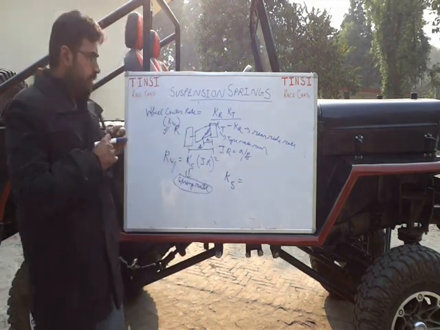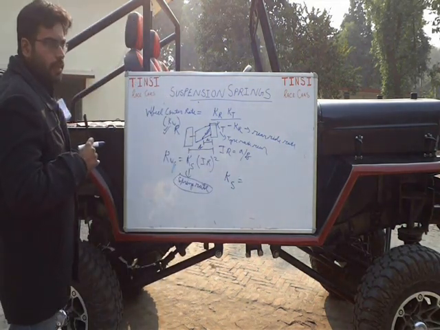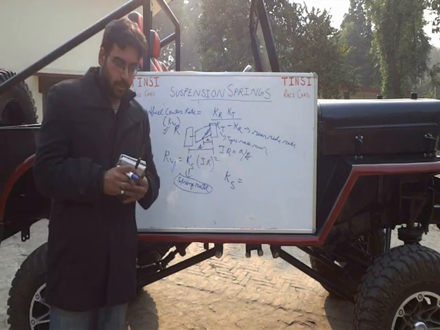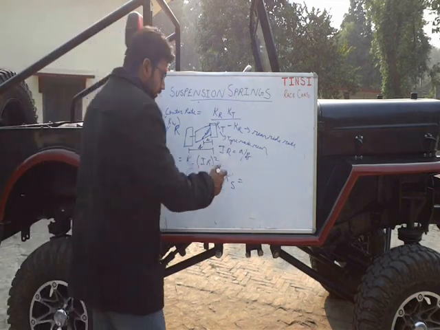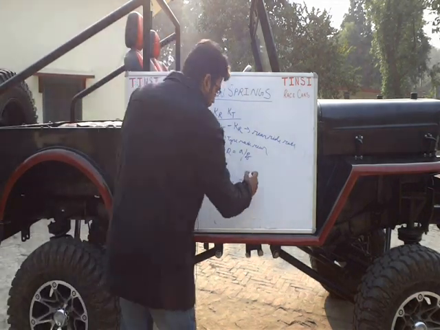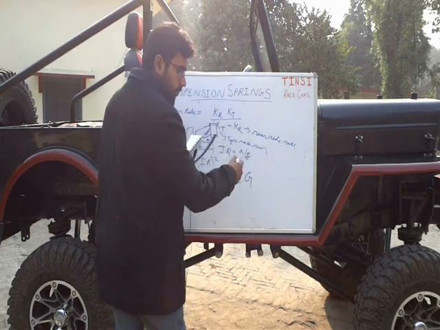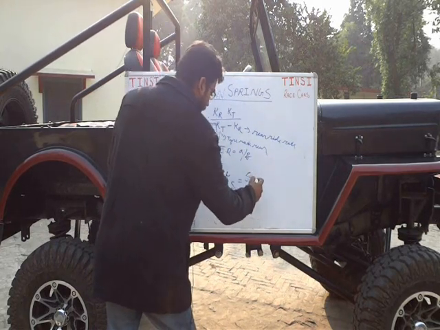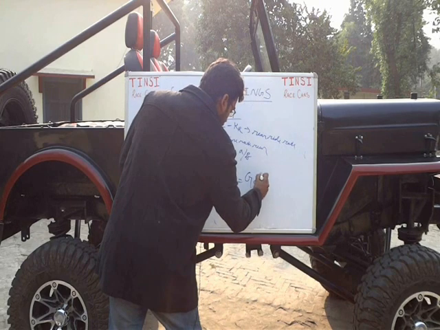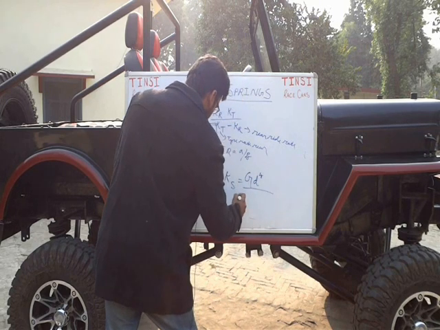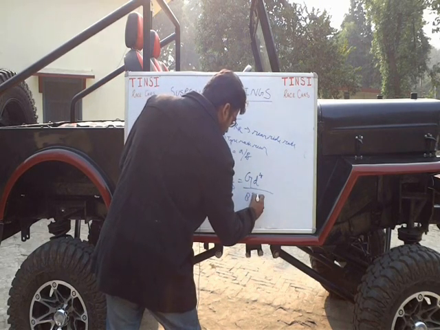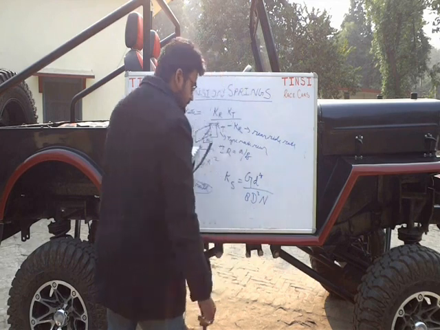So for this, in Milliken you have the equations. We have KS is G, your modulus, d to the power 4 upon 8 D cube into n.